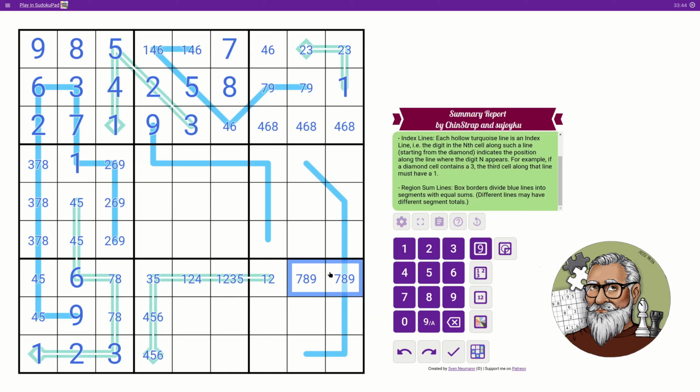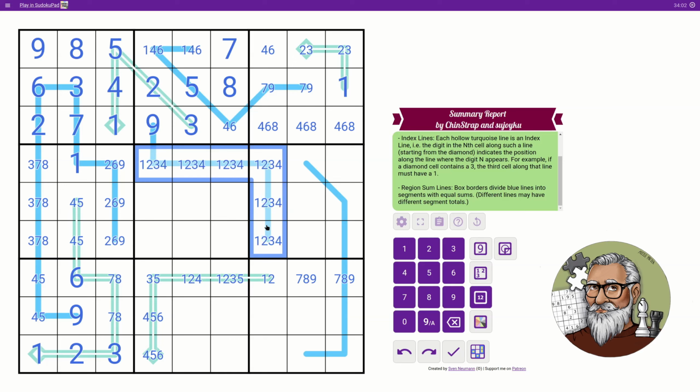Okay. What about this? Well, 1, 2, 3, 5, 6. Is that correct? Yeah. Here I have, well, I'm gonna pencil mark those. You will excuse me.